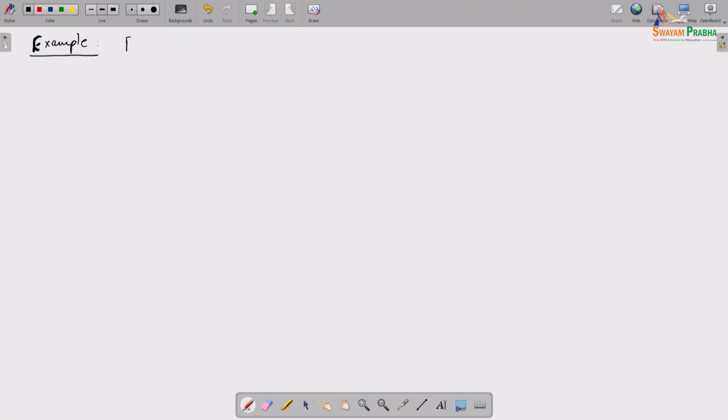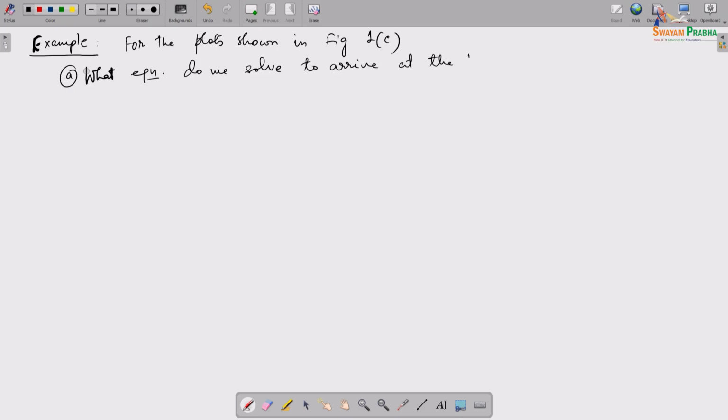For the plot shown in Figure 1C, A, what equation do we solve to arrive at the terms, or basically, the plots shown in 1C, and explain.